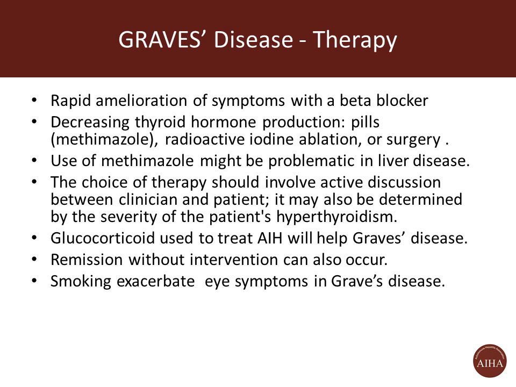So the use of prednisone may mask Graves' disease, and whenever prednisone is stopped, maybe the Graves' disease will flare. Sometimes Graves' disease goes into remission on its own without any intervention. Smoking definitely exacerbates the eye symptoms we see in Graves' disease, and it's strongly discouraged.